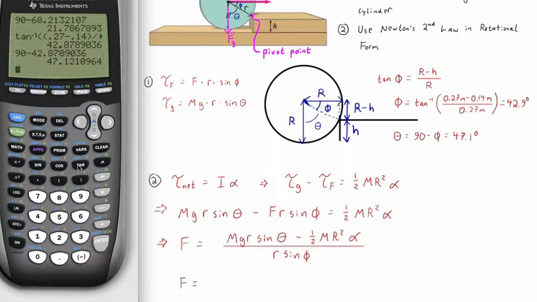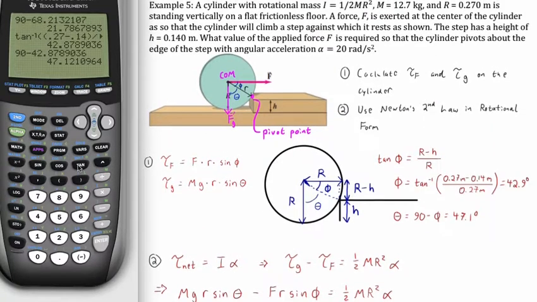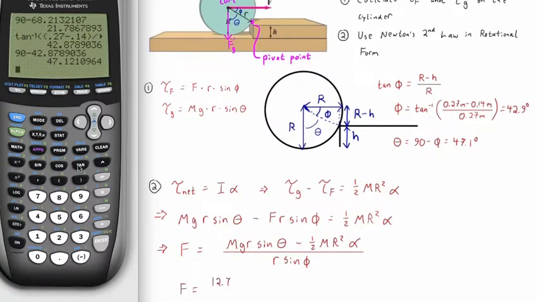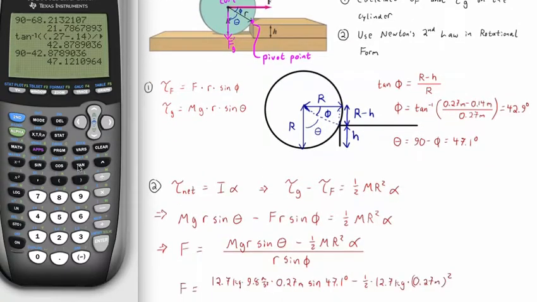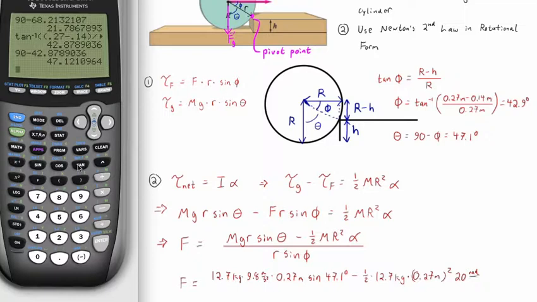So the force required is going to be, okay, 12.7 kilograms times 9.8 meters per second squared times 0.27 meters, that was just our radius, times sine of 47.1 degrees, minus 1/2 times 12.7 kilograms times 0.27 meters squared times our given alpha of 20 radians per second squared, all over 0.27 meters times sine of 42.9 degrees.